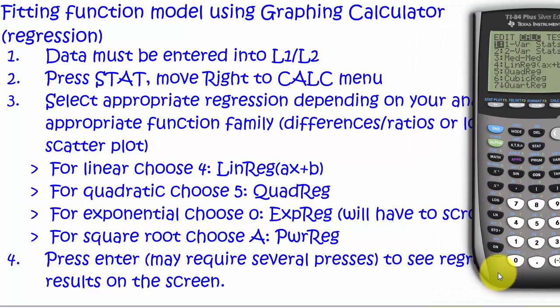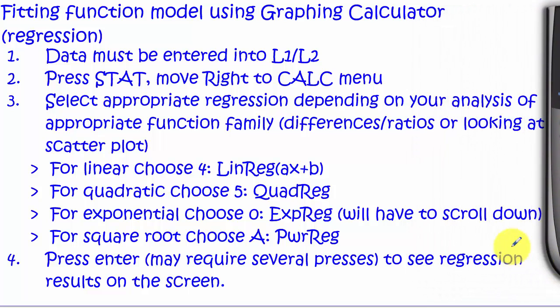Regression means fitting data to points. Now we will pick the appropriate kind of regression depending on our function family. And in the examples that we're using, we will be doing either linear regression, quadratic, exponential, or square root.